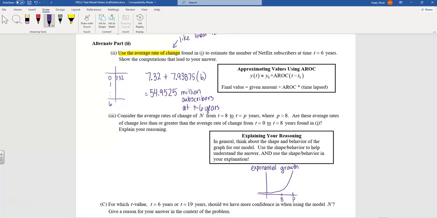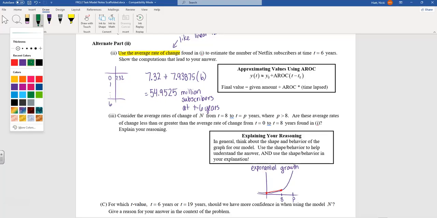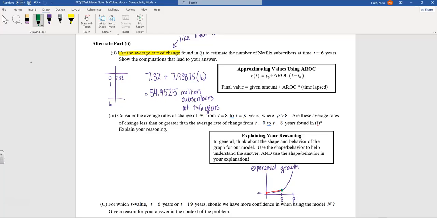Okay, so what we're considering here, average rate of change is our slope. So from 0 to 8, I've got this slope right here. If I think of the average rate of change from 8 to p, I've got this slope, right?